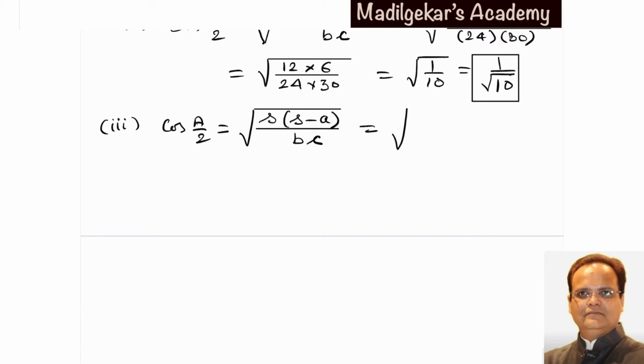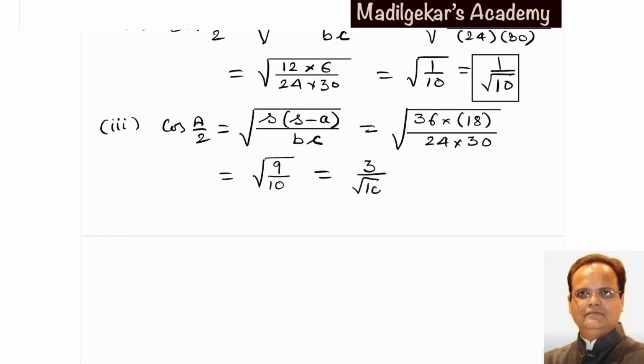Substitute the values of a, b, c and s. s is 36. s minus a means 36 minus 18, that is 18. b is 24 and c is 30. On simplifying, it gives square root of 9 by 10, means 3 by root 10. So this is the required value of cos A by 2.